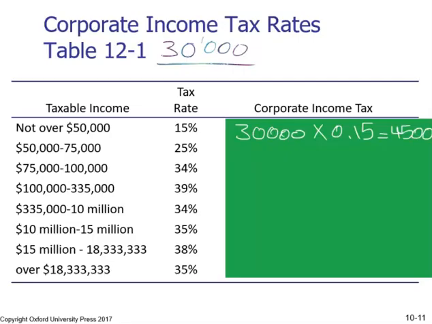Okay, the next question I have for you: what is the maximum amount of tax that a corporate in the first tax bracket may pay. Stop the video, do the calculation.